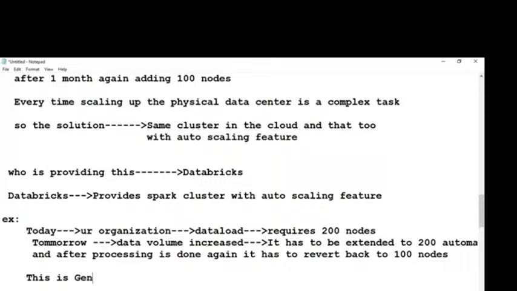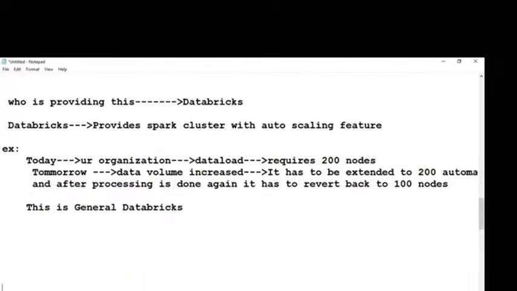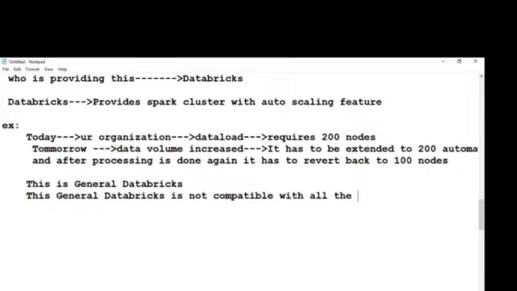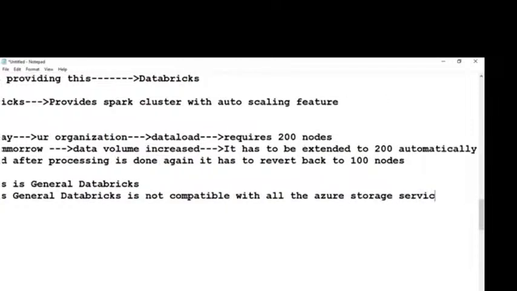This is general Databricks, whatever I discussed. This general Databricks is not compatible with all the Azure storage services.